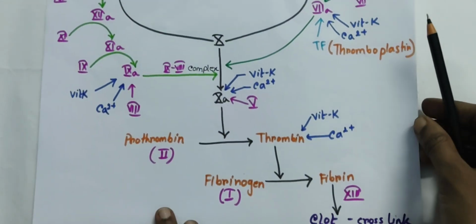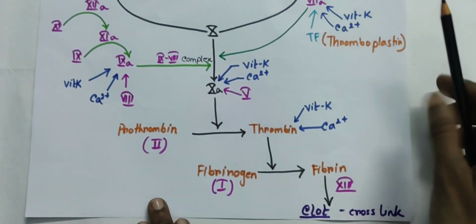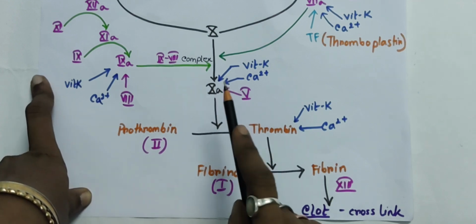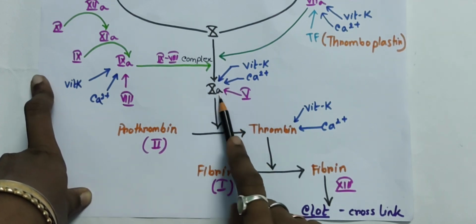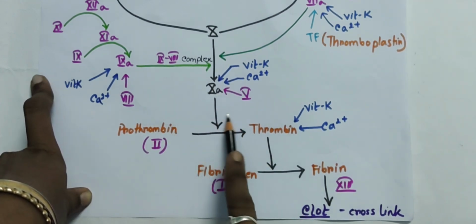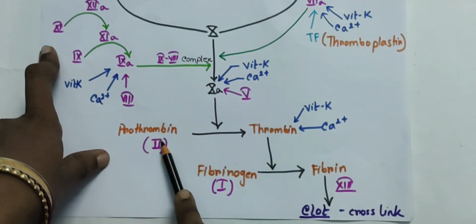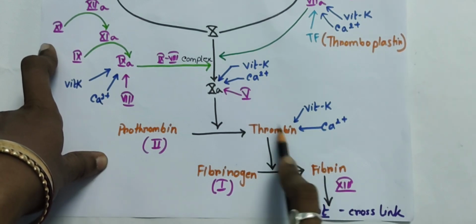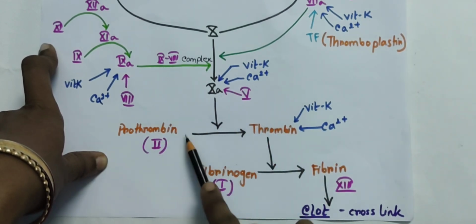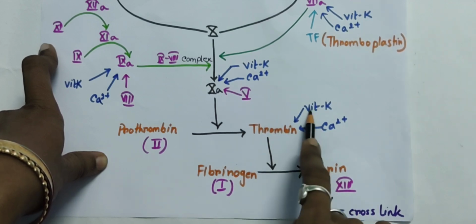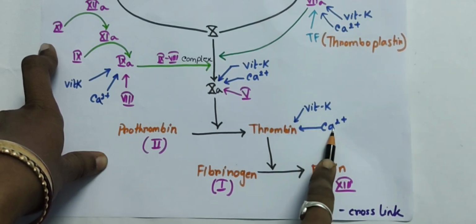Now what happens? Factor 10 now gets activated. That activated factor 10 transforms the prothrombin into thrombin. Prothrombin is factor 2. Prothrombin is converted into thrombin. Now thrombin gets activated by vitamin K and calcium.